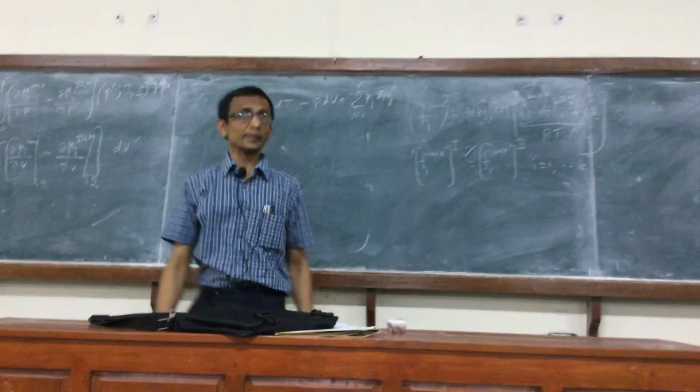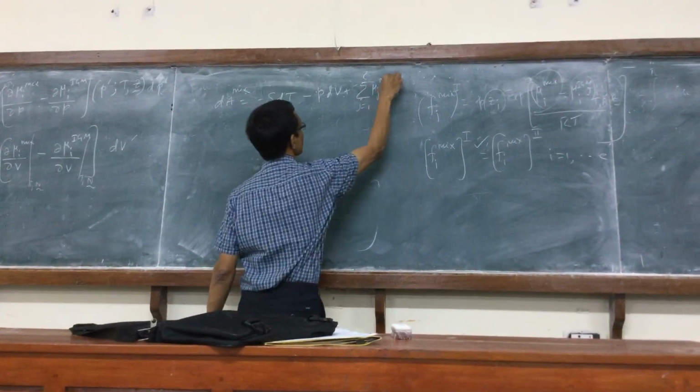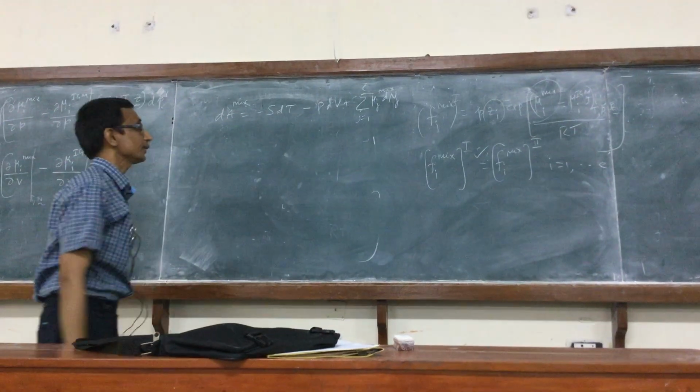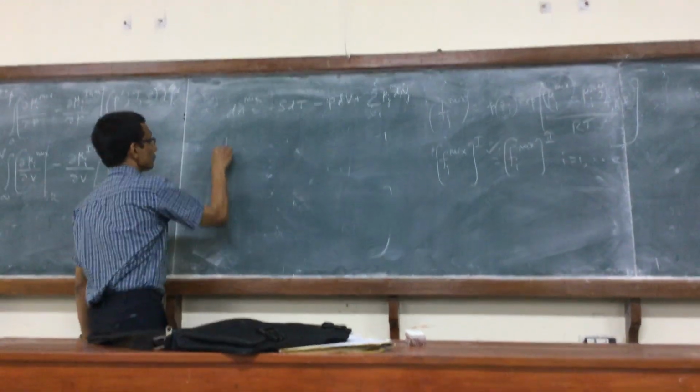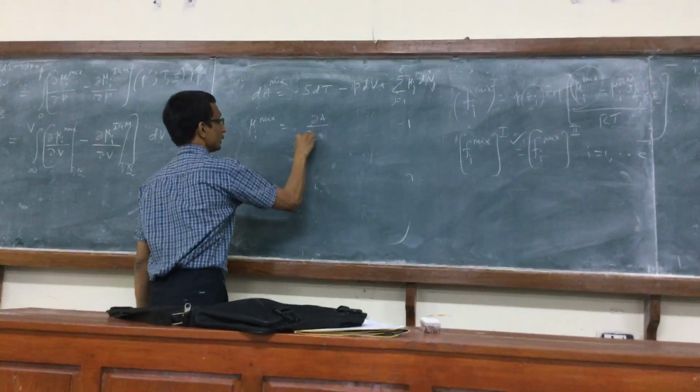Now this is for the mixture, so we can easily see that mu_i of the mixture is now dA by dNi.